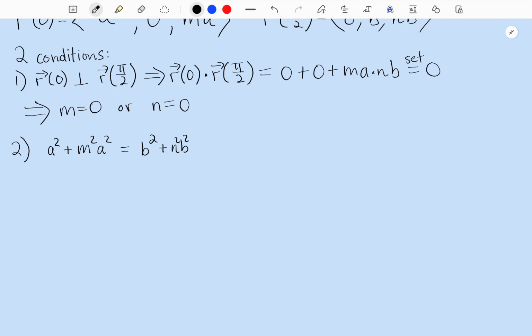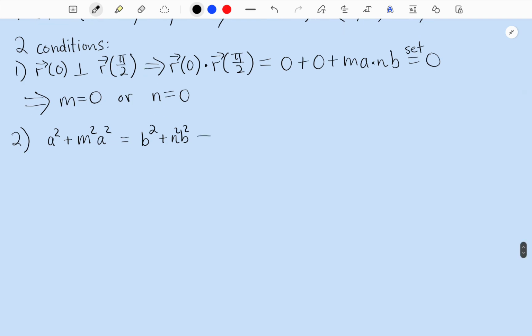Now, with this in mind, I'm going to isolate for the variable.